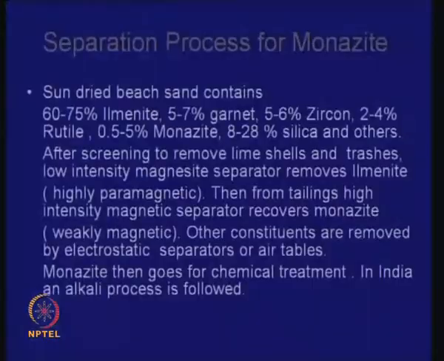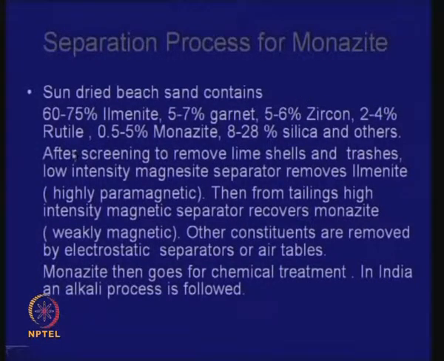Anyway, coming back to the sun dried beach sands, which are available plenty along our coastline. Ilmenite is 60 to 75%, mostly ilmenite. Then there is garnet, 5 to 6% zircon, which is zirconium oxide, 2 to 4% rutile.